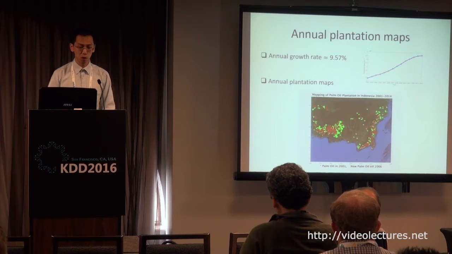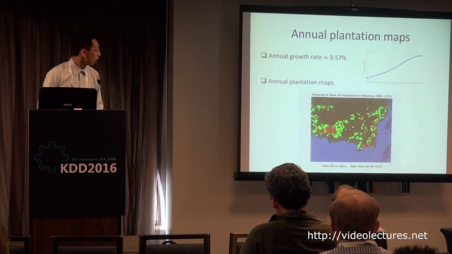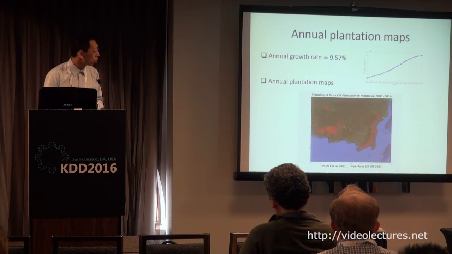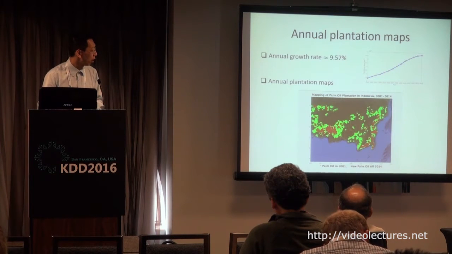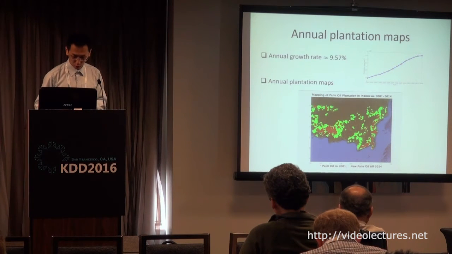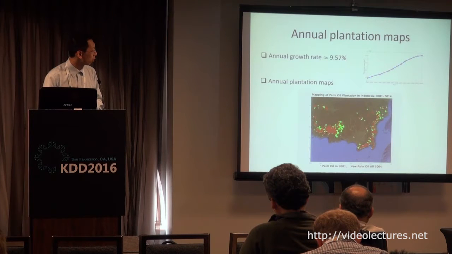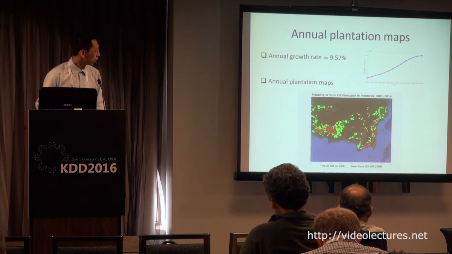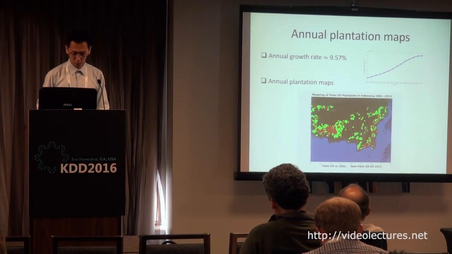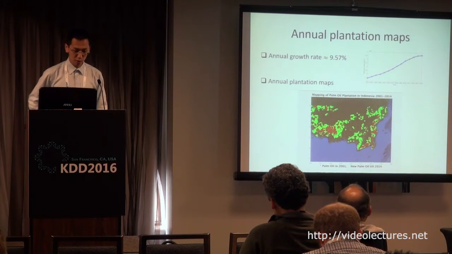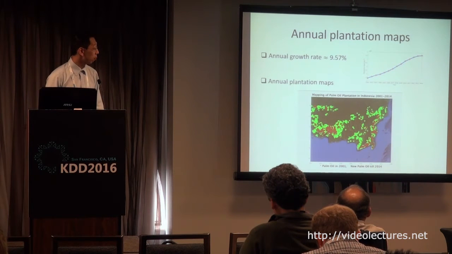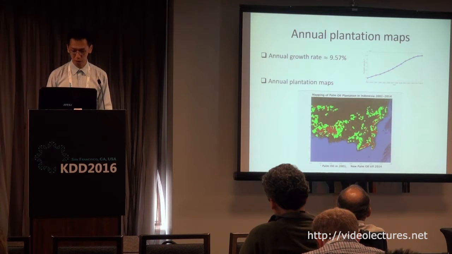The new green points do not appear in a random fashion, but instead they come in a spatially correlated way, and the new green points usually appear near the existing green points or red points. So we can see that the final plantation map in 2014 is almost like an expansion of the previous plantation maps.